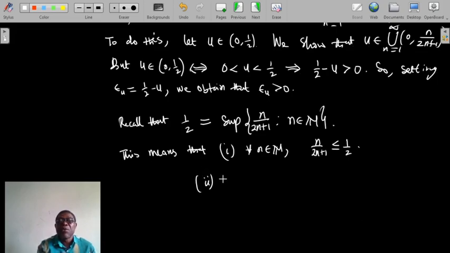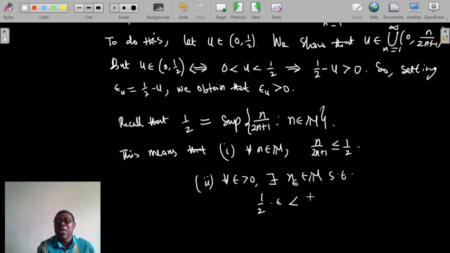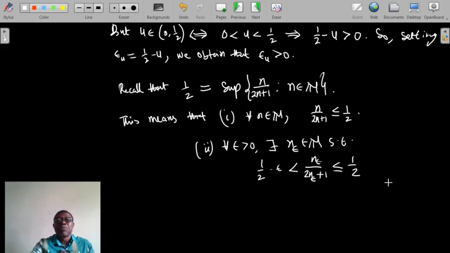And for any epsilon bigger than 0, there exists n epsilon in the set of natural numbers, so that half minus epsilon will be less than n epsilon over 2n epsilon plus 1, and this will be less than or equal to half. This we've already seen that is true from example 2.